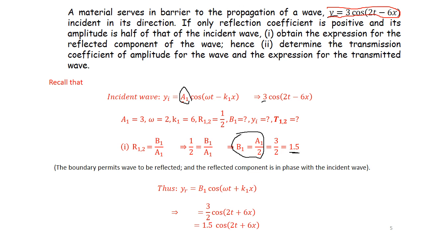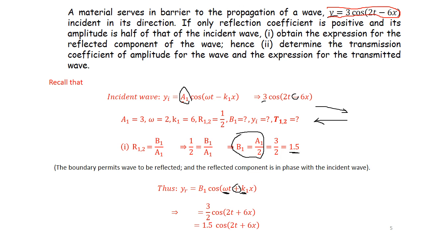Now what will be the expression for the reflected component? Remember, for the reflected component, your omega is not changing and your k is not changing. But because of the direction of x, the incident is like this, and the reflected is like this, so we have to consider the negative and positive signs.